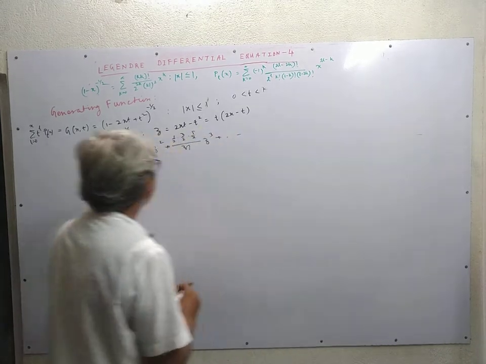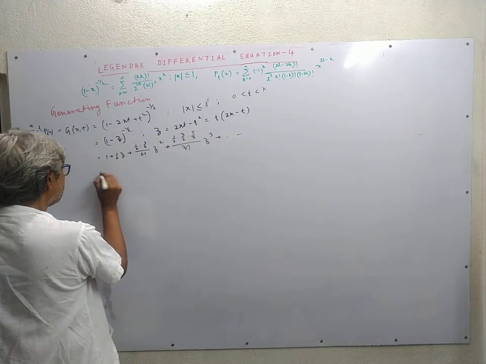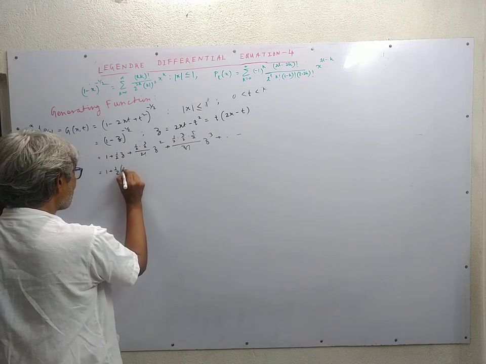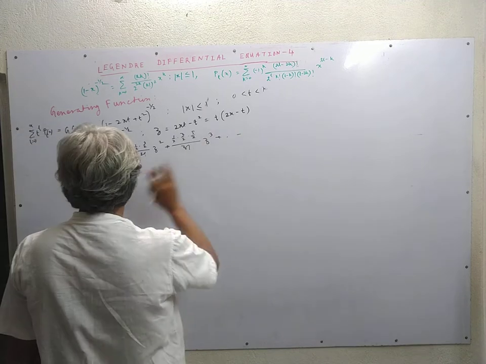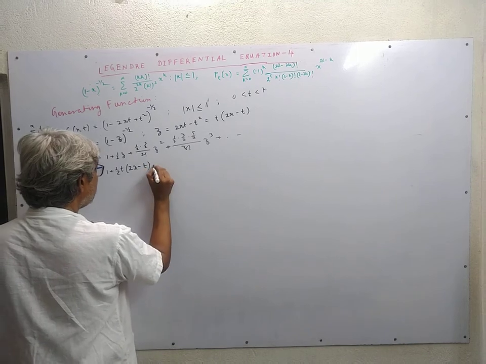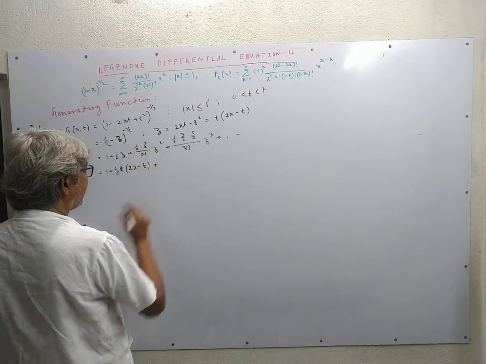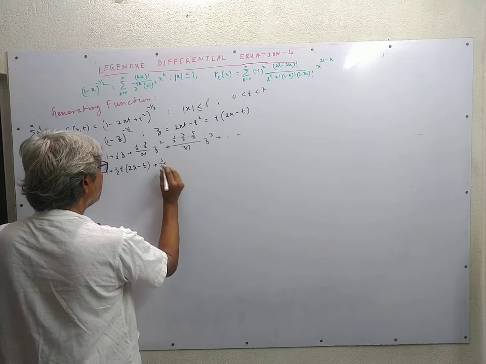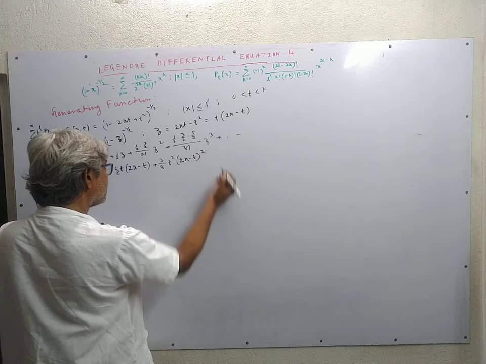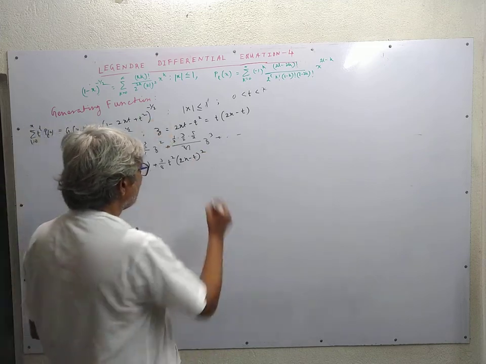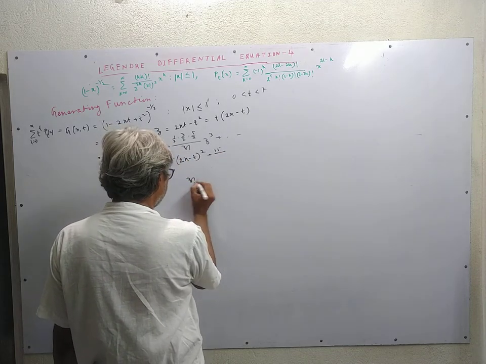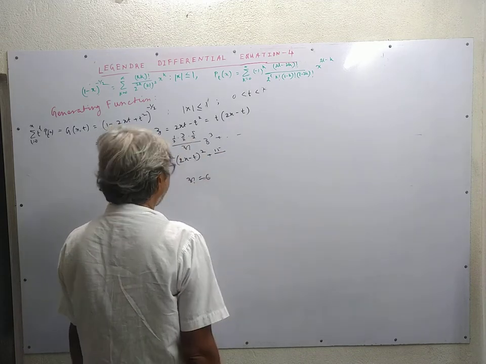This is that. If we replace z in terms of x and t, it is 1 plus half z, where z is t into 2x minus t, plus this is 3 by 8 z square, meaning t square into 2x minus t whole square. This is 15 in the numerator, and in the denominator it is factorial 3 meaning 6, and this is 8.